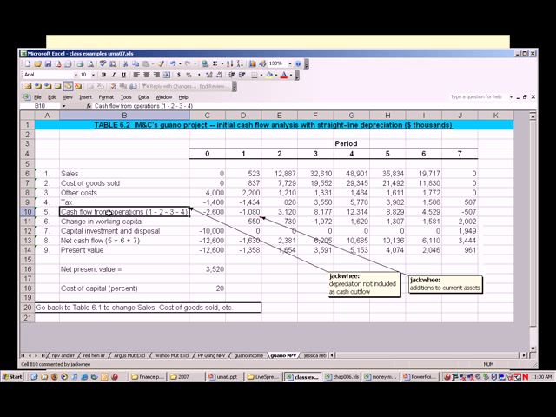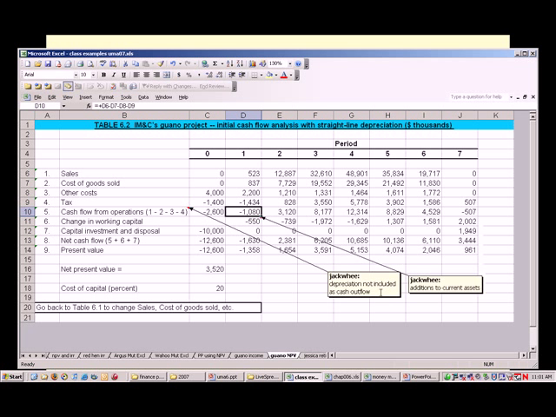Notice that cash flow from operations is defined to be cash inflows from revenues minus cash expenses, these two components, minus taxes, arriving at cash flow from operations. Therefore, and this is a very important point, cash from operations does not include depreciation expense because depreciation expense is a non-cash expense.